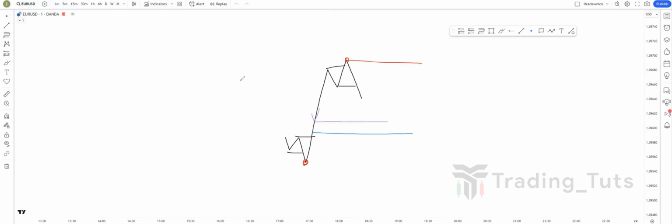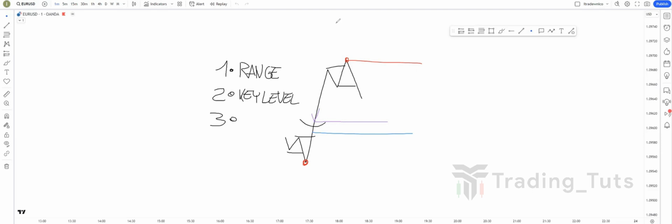So when it comes to having a trading plan, now we have, first of all, find your range. Second, find your key level. And third, what do we need?